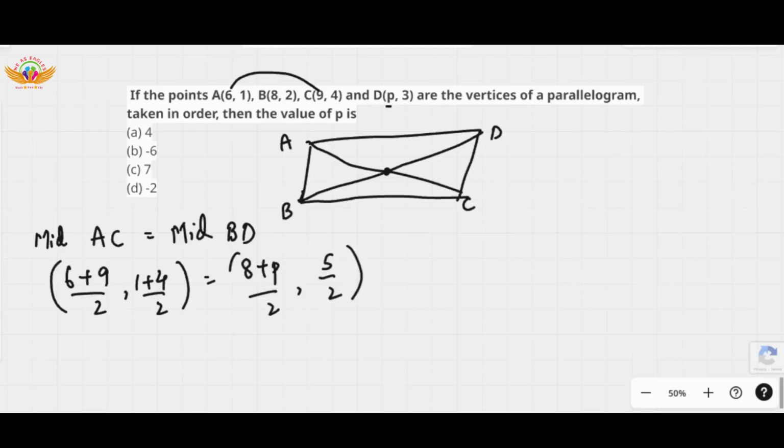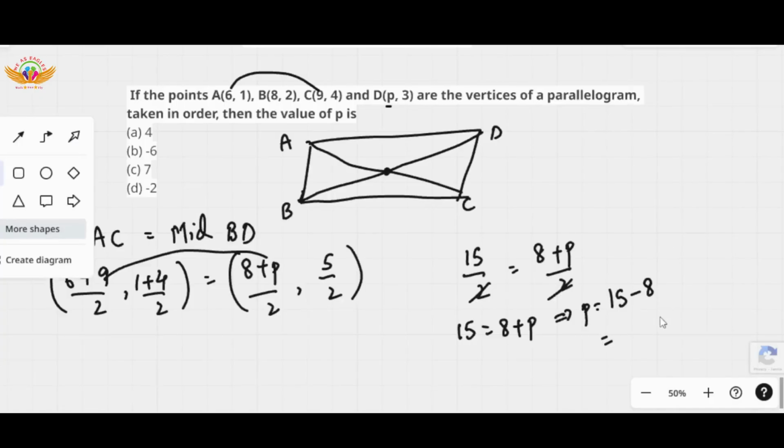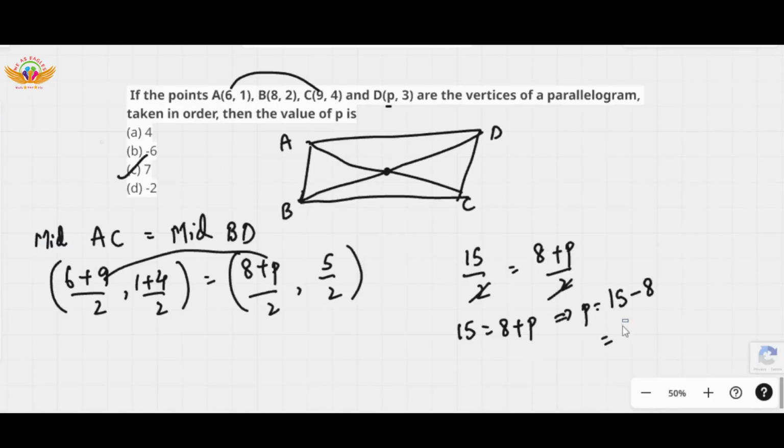Let us equate the first x terms. 9 plus 6 is 15, divided by 2, equals 8 plus P divided by 2. The 2 cancels. So 15 equals 8 plus P, and hence P equals 15 minus 8, that is 7. Hence the option is C.